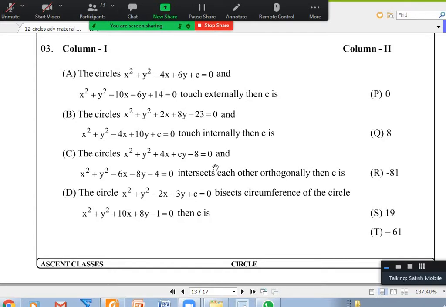Okay, C bit should be easy. For orthogonal circles, 2GG' plus 2FF' equals C plus C'. 2 into minus 3, this is 2GG'. 2 into C by 2 into minus 4, minus 8.